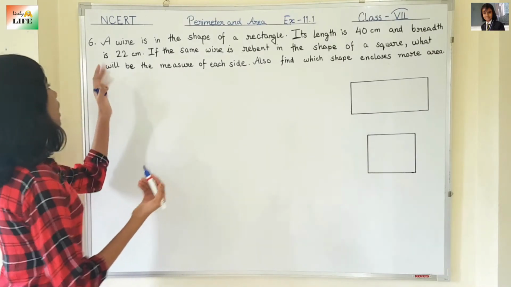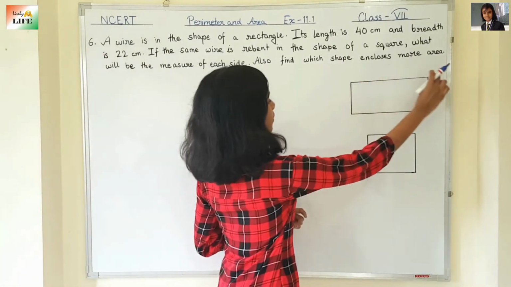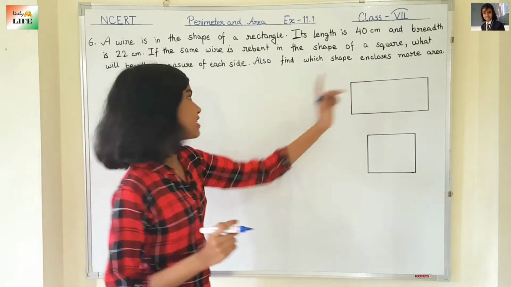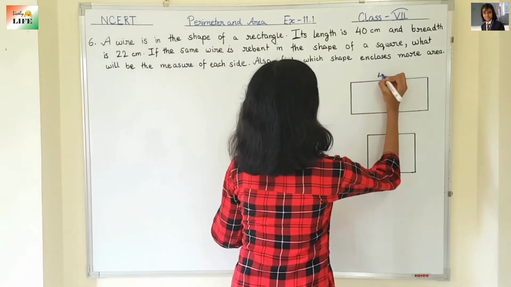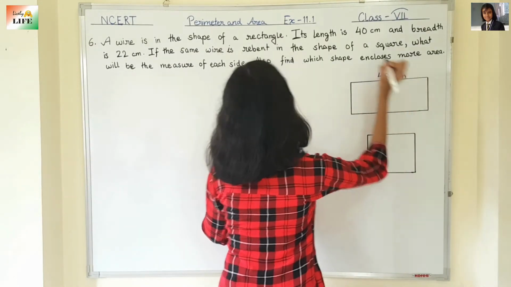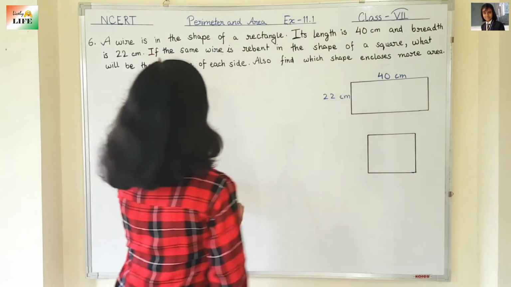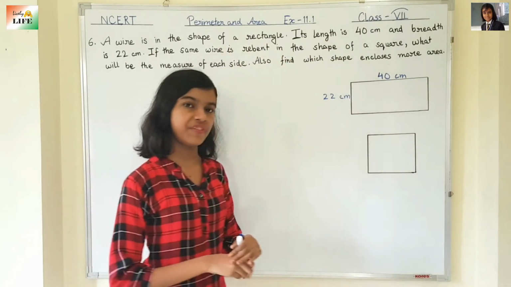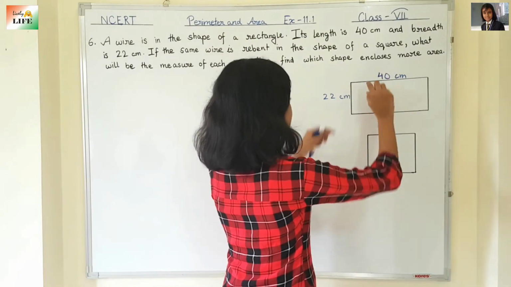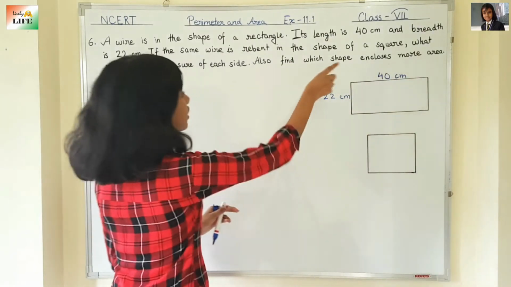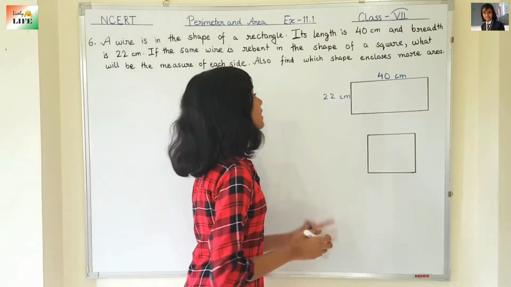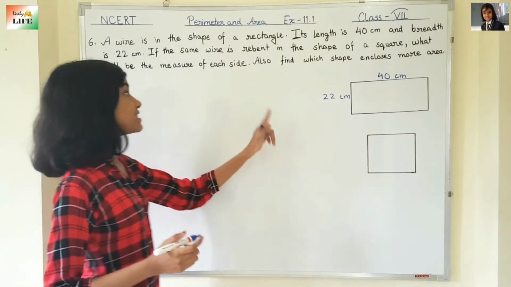So first, you can see this is the wire. Suppose the wire is in the shape of a rectangle. Its length is 40 centimeter and breadth is 22 centimeter. If the same wire is rebent in the shape of a square, then what will be the measure of each side?